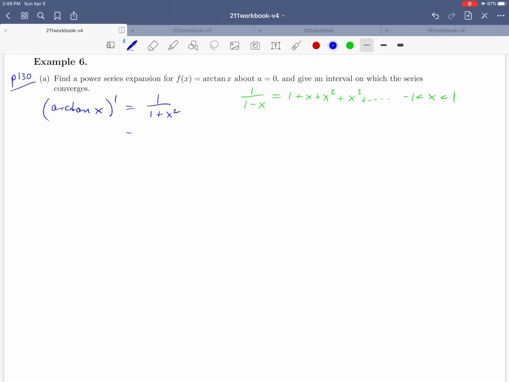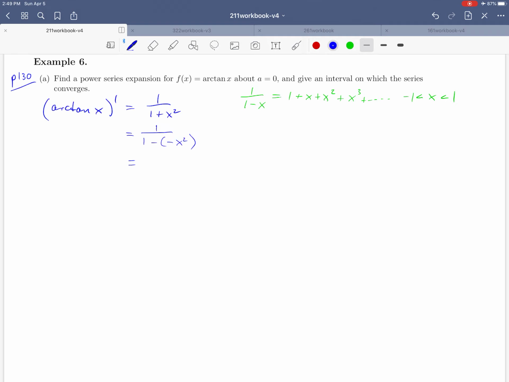Now, we've done a few examples. We can rewrite 1 over 1 plus x squared as 1 over 1 minus (minus x squared), and substitute minus x squared in for x in our known power series.